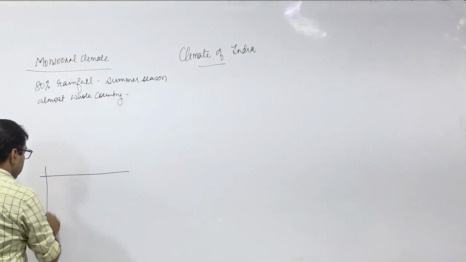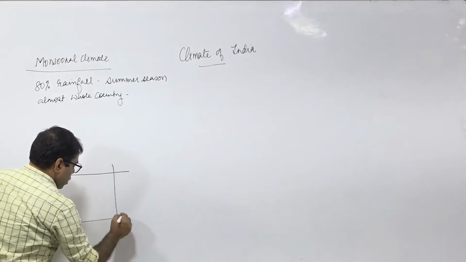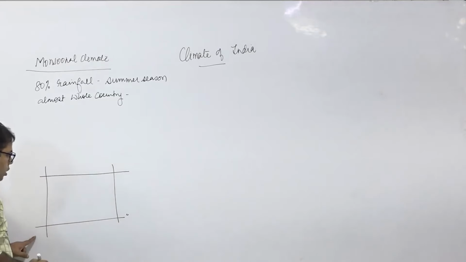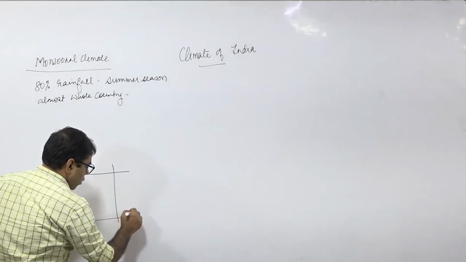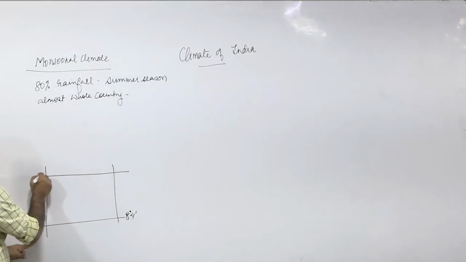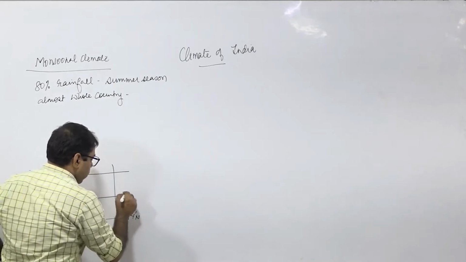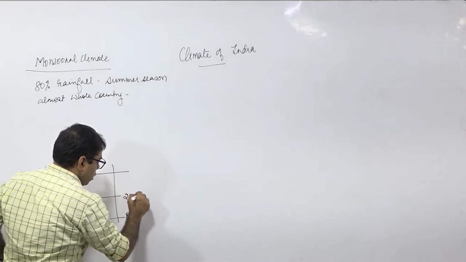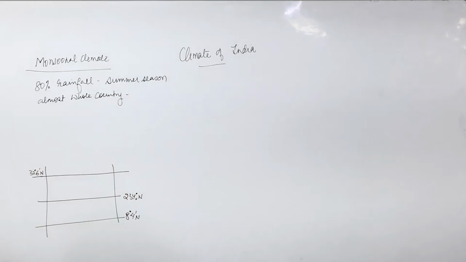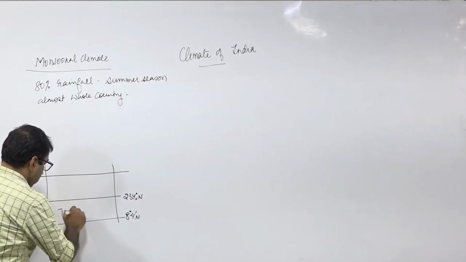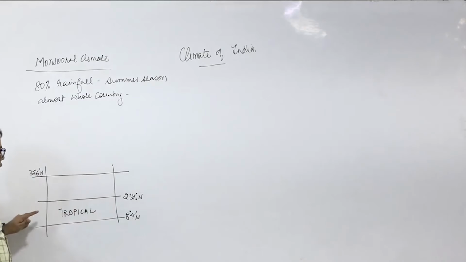Then the location of India. What is the location of India? Latitudinal location: कितना था ये? 8 degree 4 minute to 37 degree 6 minute north. The 23.5 degree line divides India into 2 equal parts, right? So this tropical region has been heated equally or with the same rate throughout the year, right?